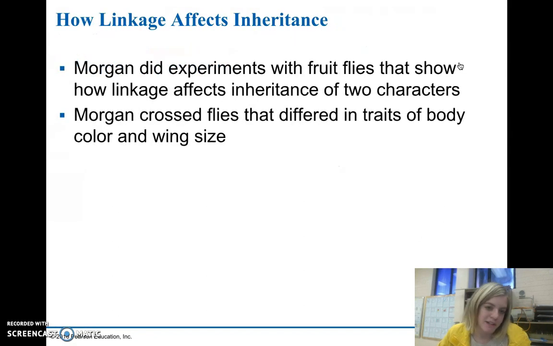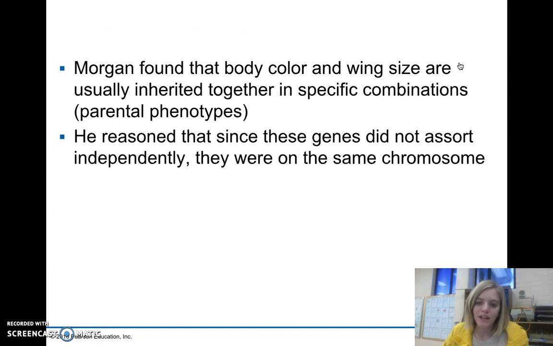So you remember Morgan, he was the fruit fly man, and he was doing his experiments with fruit flies, and he eventually ended up coming to some conclusions about how genes can be linked by observing the inheritance of two different traits. So in his case, he crossed two different types of flies that differed in traits of body color and wing size.